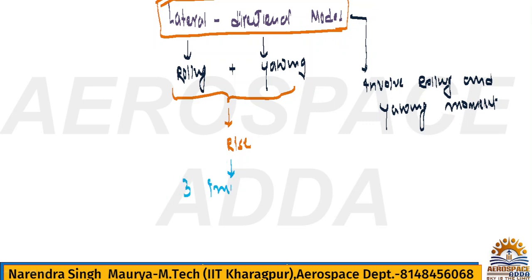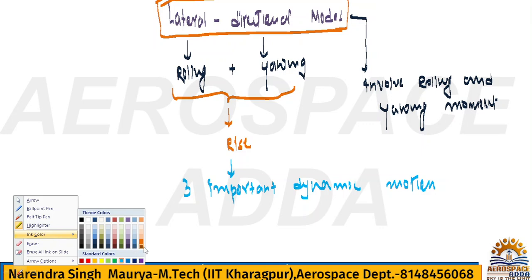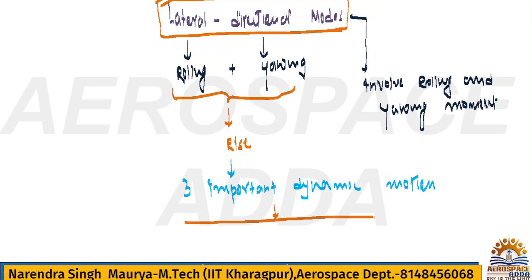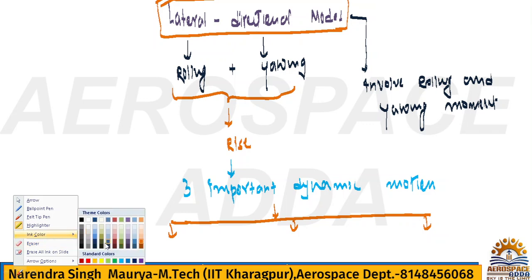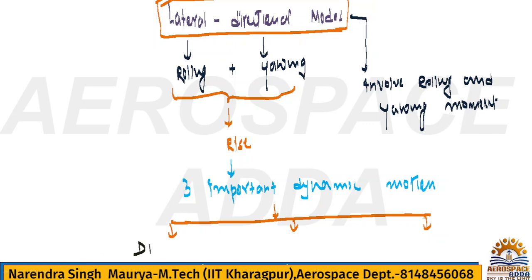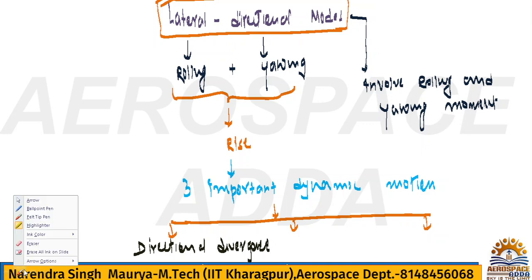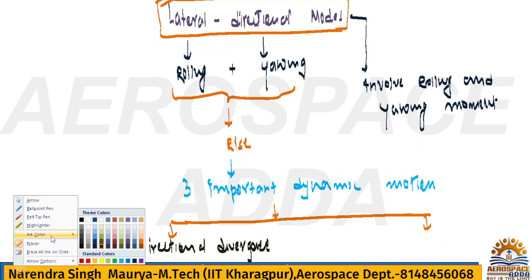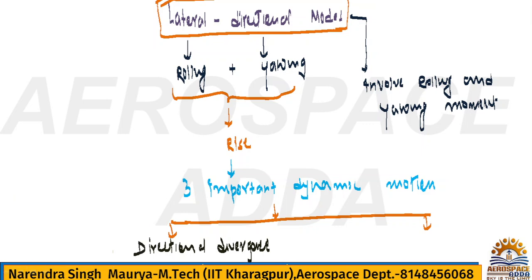Okay? Three important dynamic motions. What are the three important dynamic motions? They are directional divergence, and another is spiral divergence.